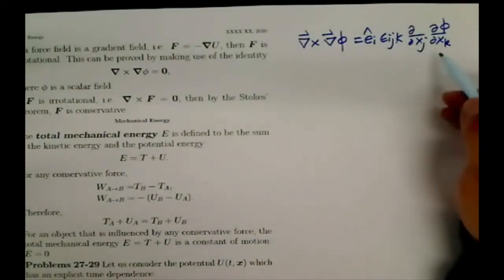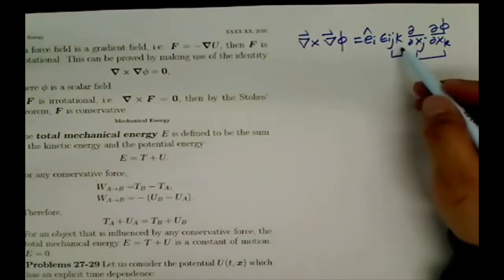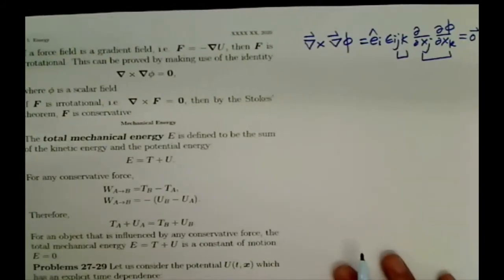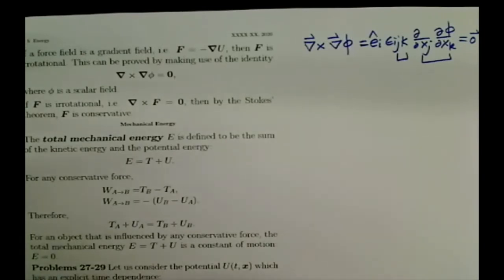And we have symmetry under exchange of j and k, while epsilon is anti-symmetric under exchange of j and k. Therefore, this one is exactly 0. F is irrotational.